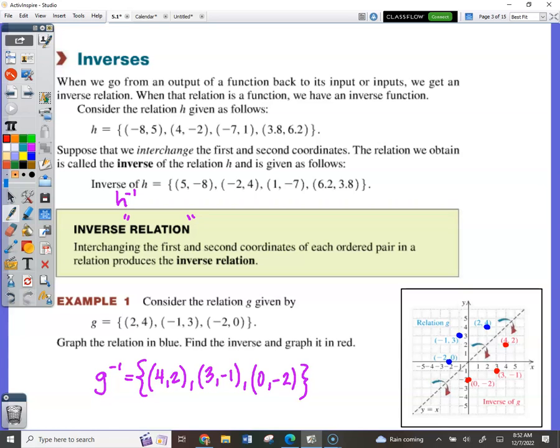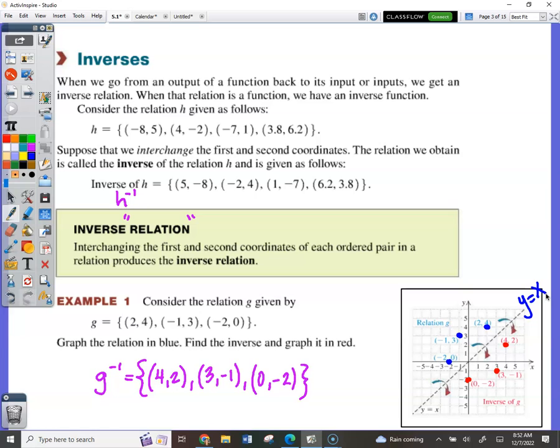It's symmetrical to that dotted line, right? That dotted line is the equation y equals x. I don't know if you remember from geometry, but the line y equals x is called the line of symmetry because it's used to represent when you have a function graphed with its inverse, it's reflecting over that line.